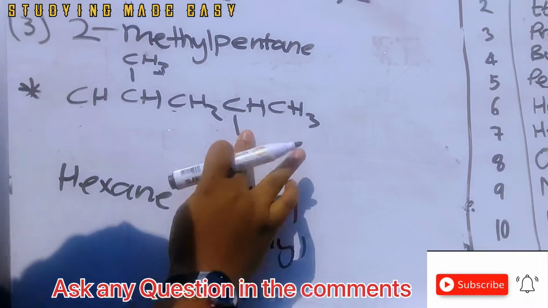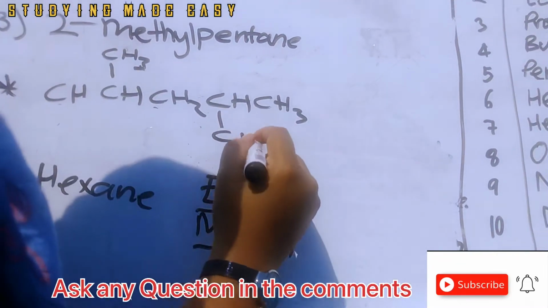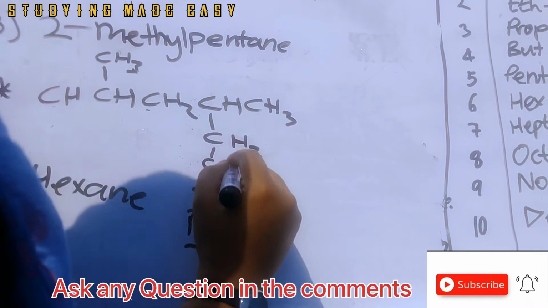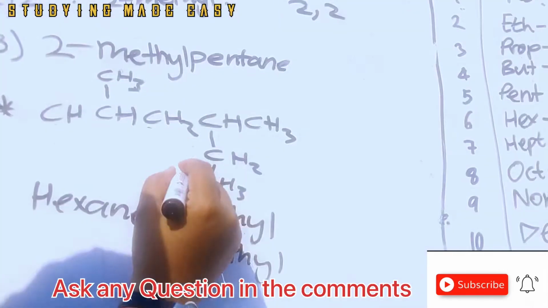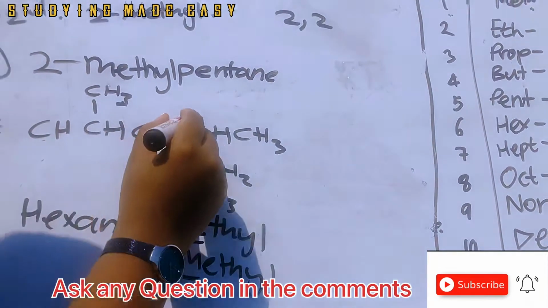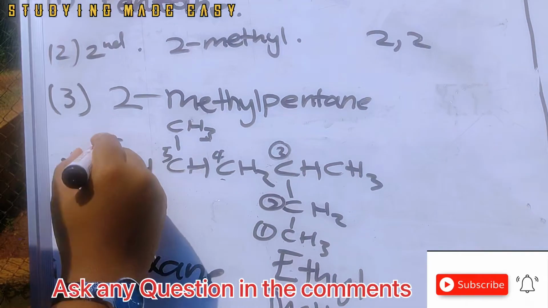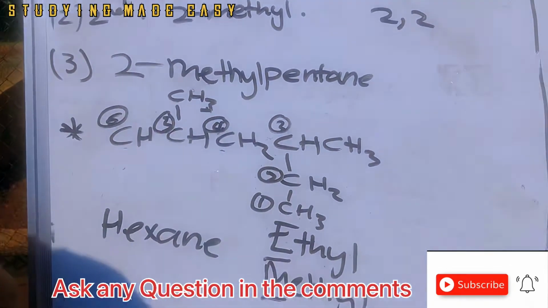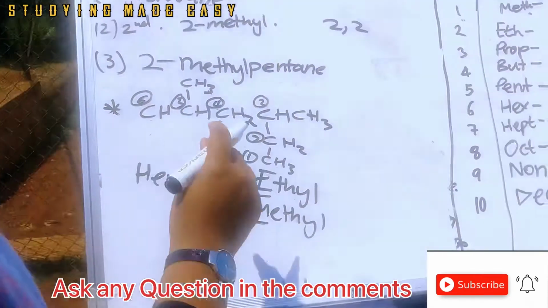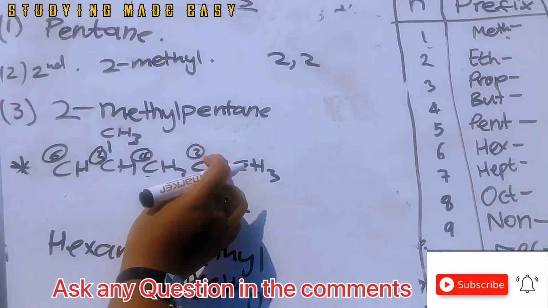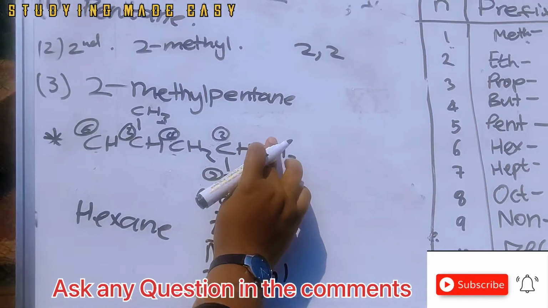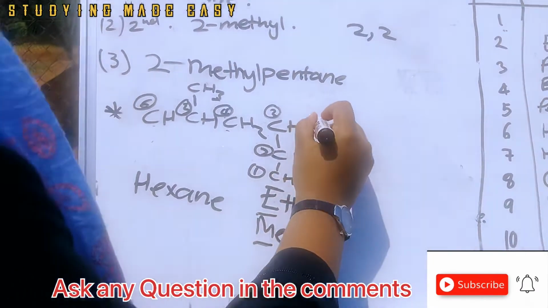My mistake. Let me write CH2, CH3. If we're going to number, it's going to be 1, 2, 3, 4, 5, and 6. That's our parent chain, right? So if we're going like that, this one becomes our substituent group.